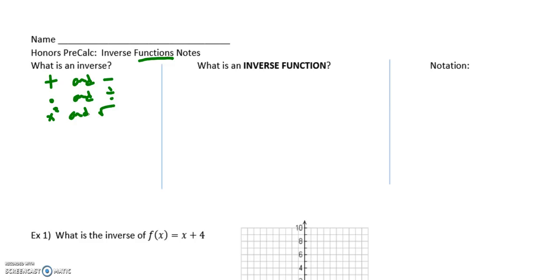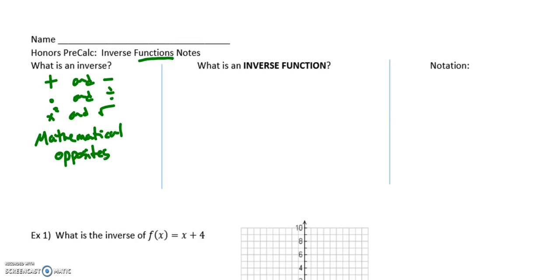So I like to think of inverses as my mathematical opposites. In other words, things that undo each other mathematically: addition, subtraction, multiplication, division, things like that. It's not a great definition, but it's a good working definition of what we're going to talk about.